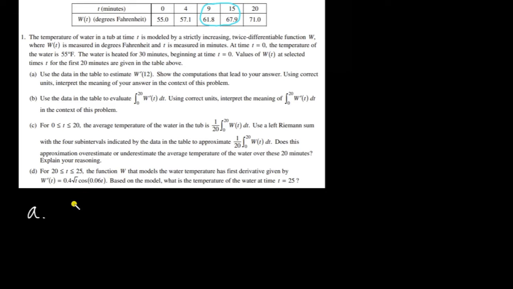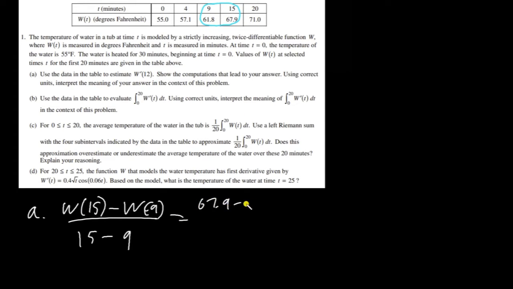So we'll say w of 15 minus w of 9 over 15 minus 9. w of 15 is 67.9, and w of 9 is 61.8, over 6. If you put that in your calculator, you get 1.017. So this is an approximation for w prime of 12.